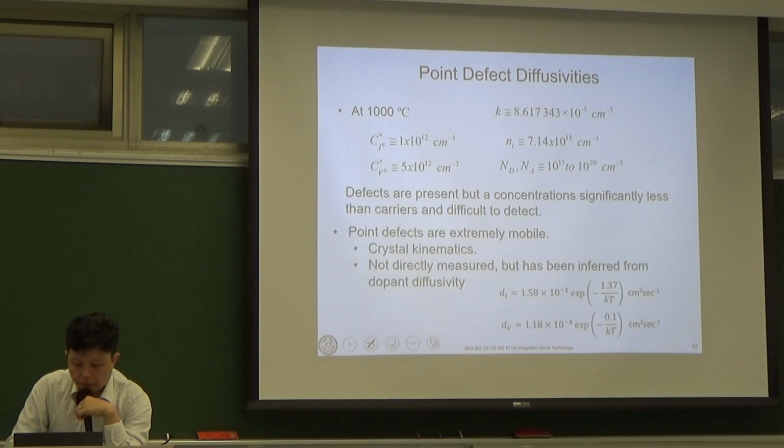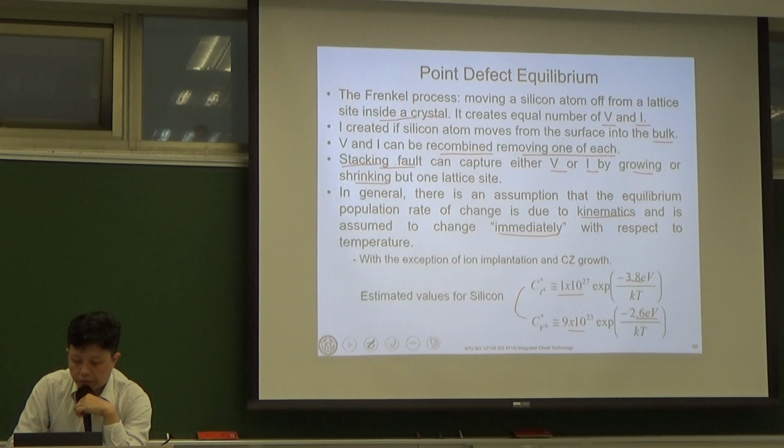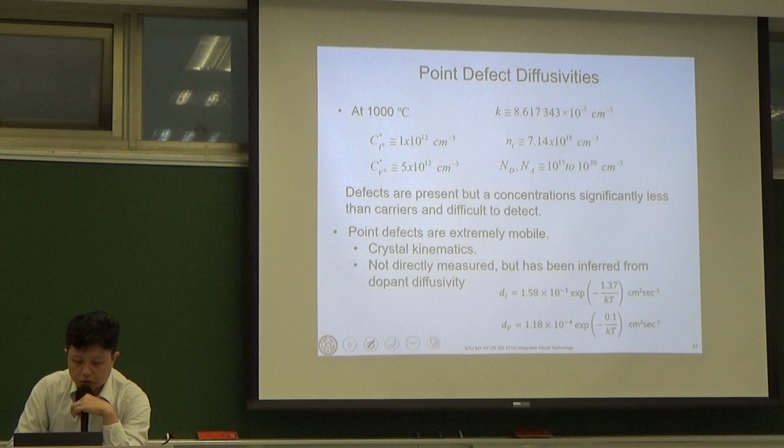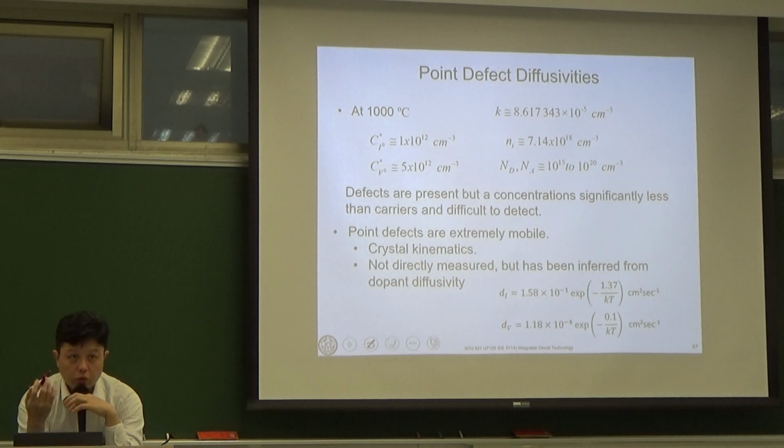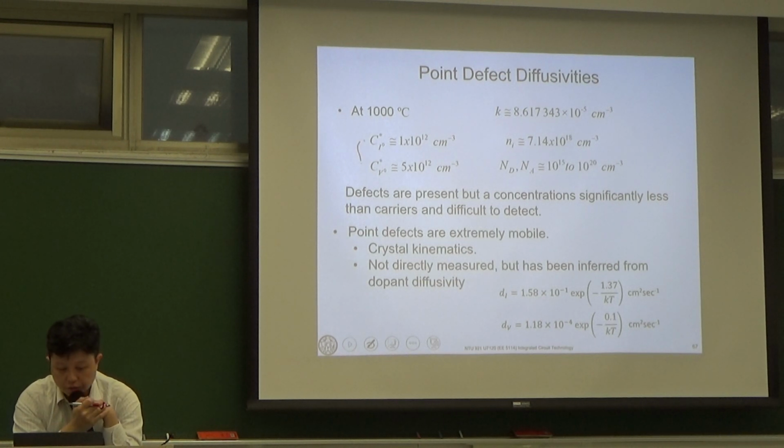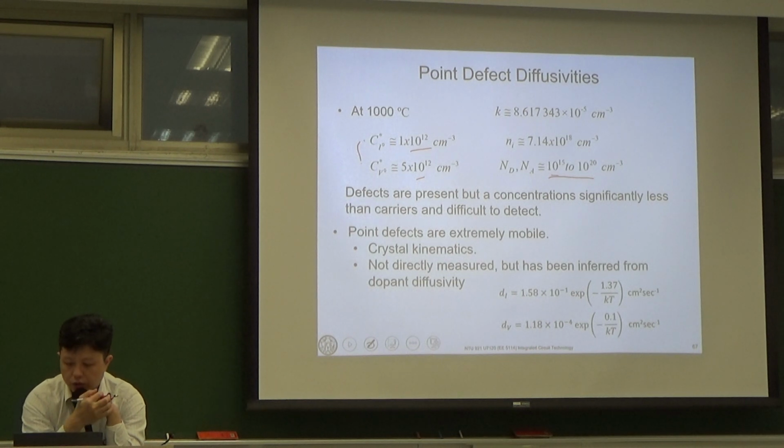For example, during the CZ growth process at very high temperatures, or during some annealing process at very high temperatures, we can give you these point defect numbers. And you can see that they are very small compared to either your dopant concentration, donors or acceptors. This is like 10 to the 12, while at this level you have 10 to the 15 to 20.